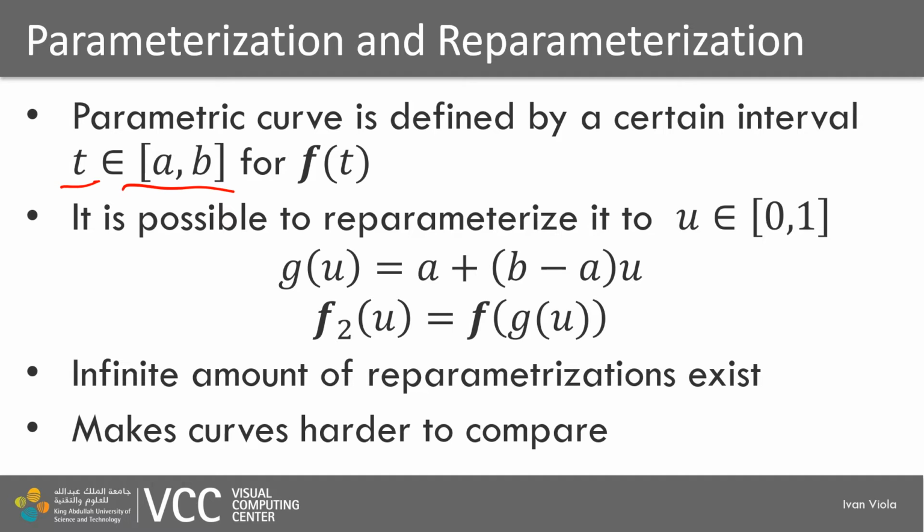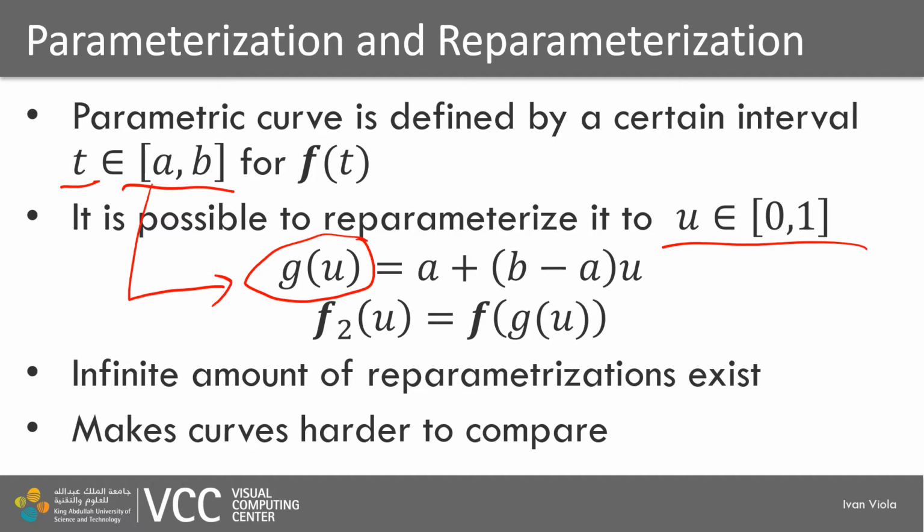For example, by reparametrizing it into the range 0 and 1. So what can we do about it? How can we reparameterize it? Well, we will introduce a reparameterization function, g(u), which takes the values of the original parameter intervals and maps it to 0 and 1, as you can see here.